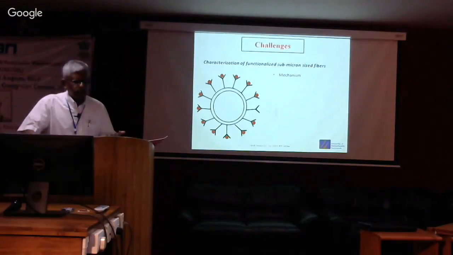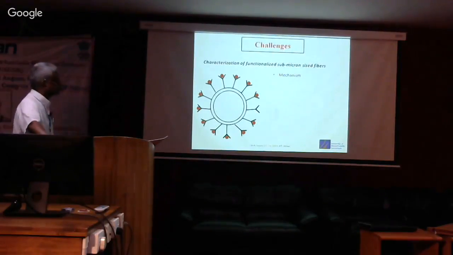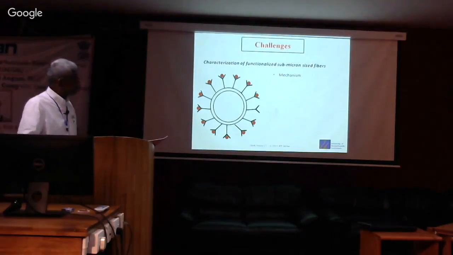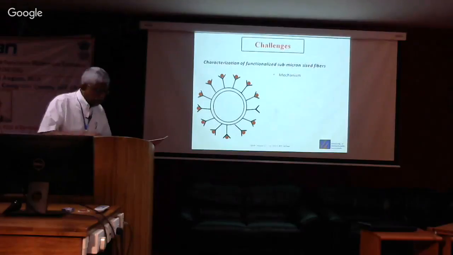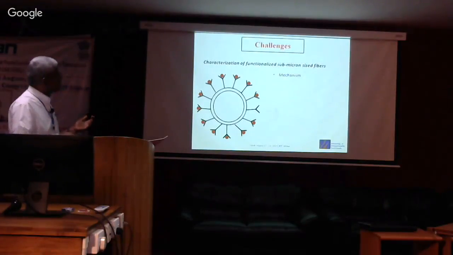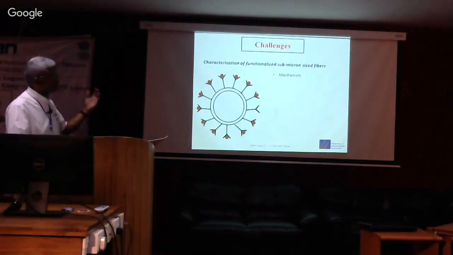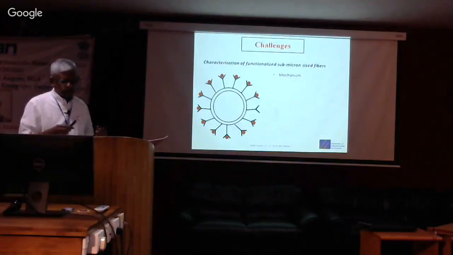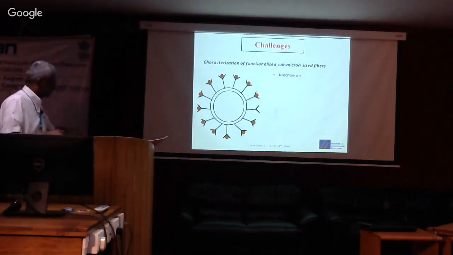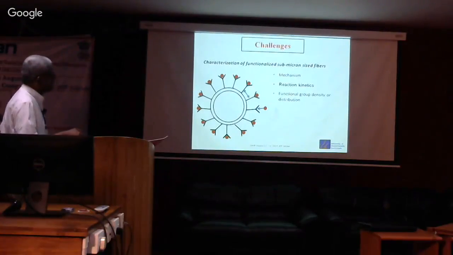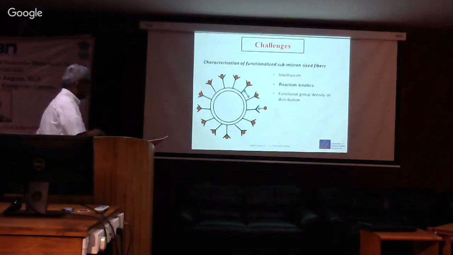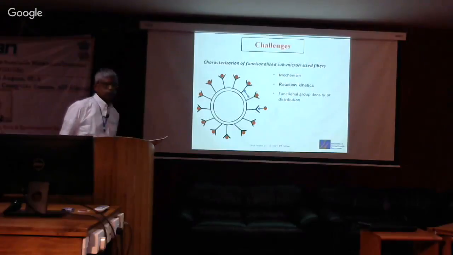But the problem is that the answer that you get is nowhere close to what you are getting in the lab. Why is that? Well, that calculation is based on uniform distribution of functional groups, uniform accessibility, so many things. And our situation is much more complex than that. Then comes the question of kinetics of functionalization.